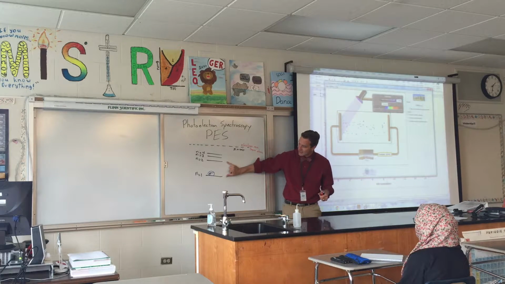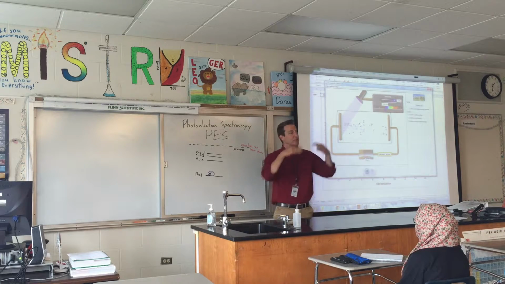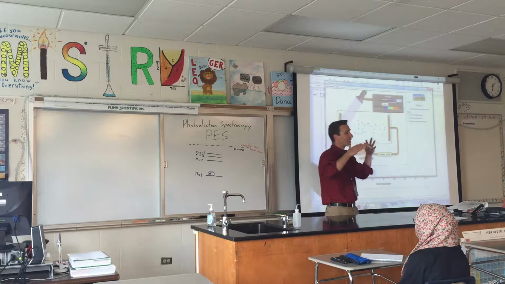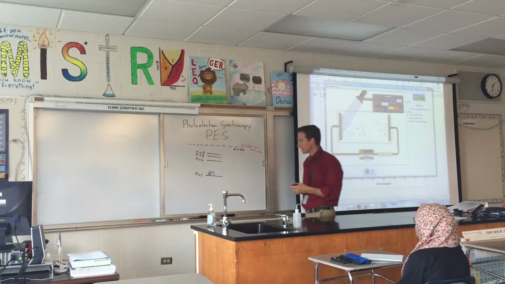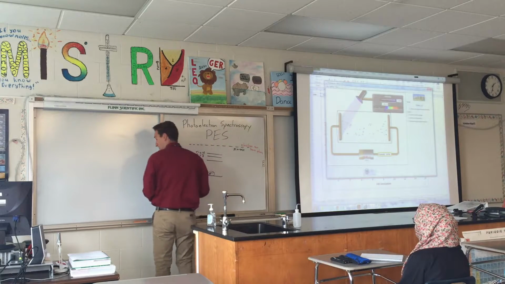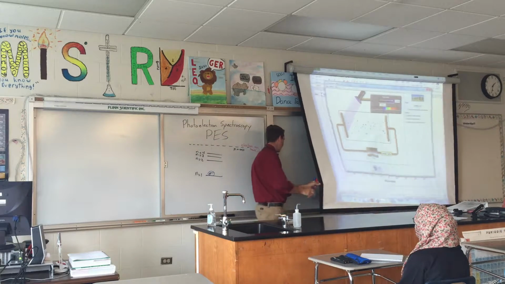You might see a blue color that represents some jump. You might see a purple color that represents a bigger jump. All right? We're not interested in just having these electrons jump around within the atom. We've got to get them all the way out of the atom. So we have to send light.